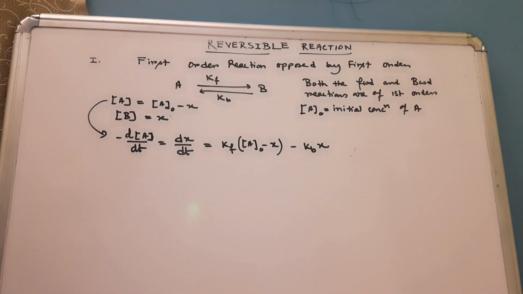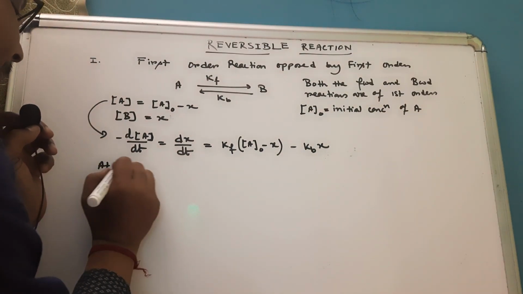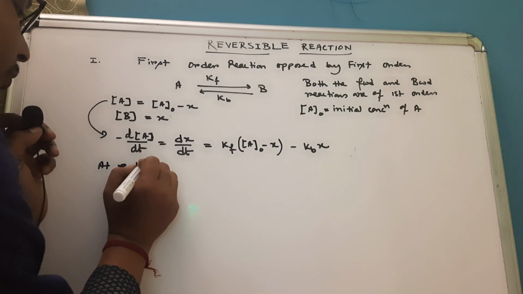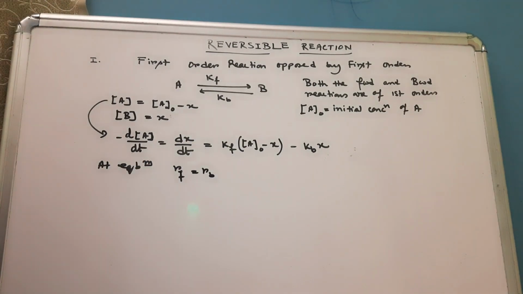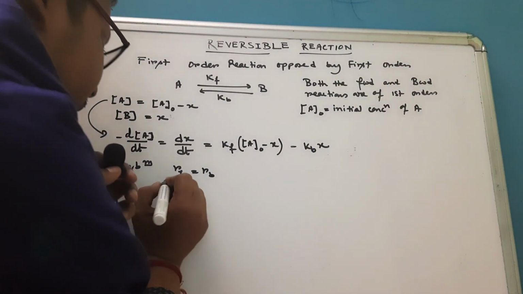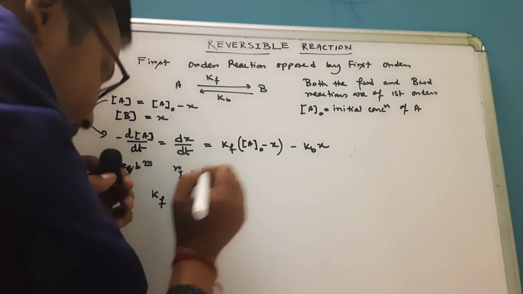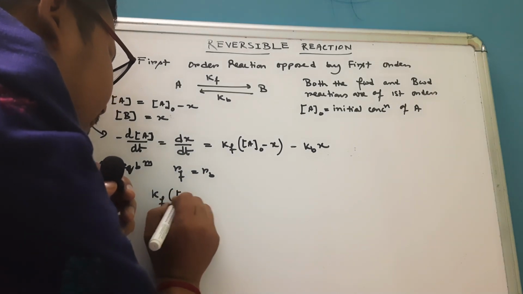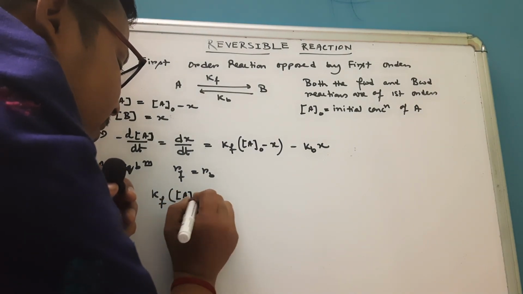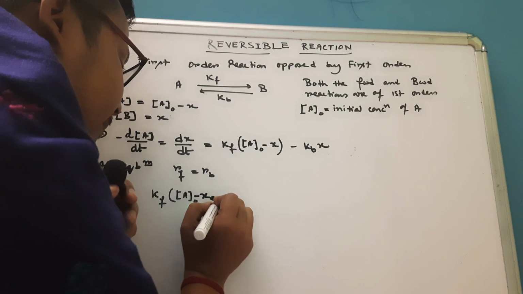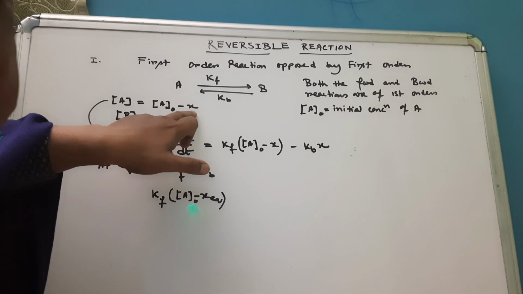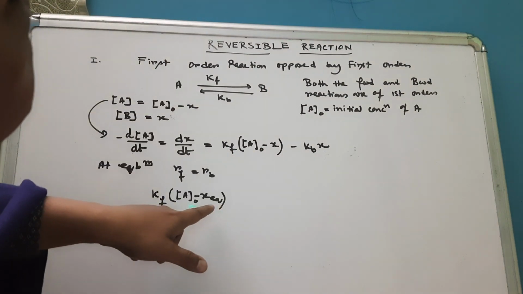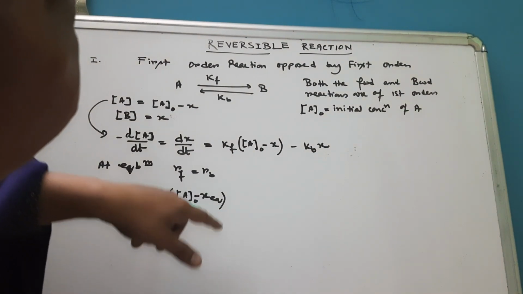Now we want to integrate this. At equilibrium, r forward equals r backward, we all know. So at equilibrium, in case of A, it will be A0 minus x equilibrium, because x is the extent of reaction at time t, and here x is the extent of reaction at equilibrium.